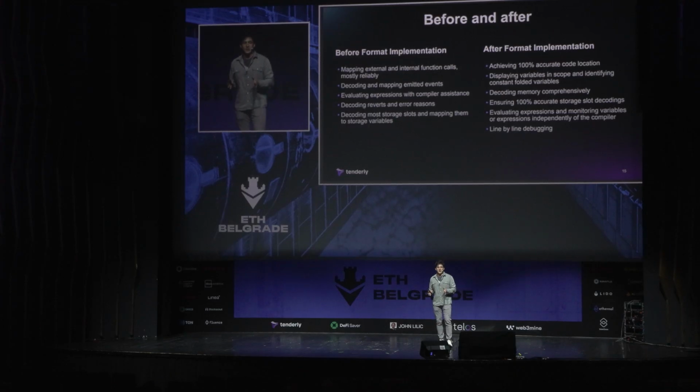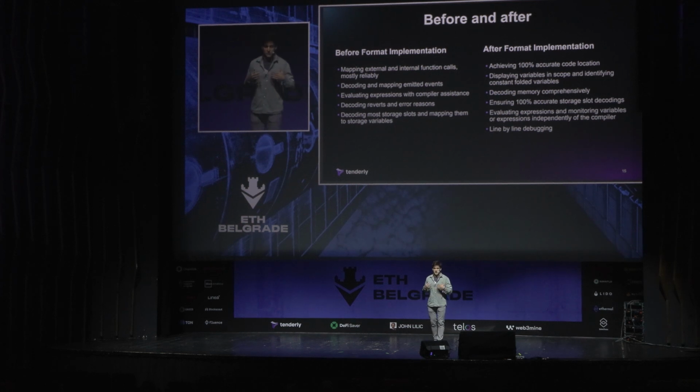Now, to summarize everything, we believe that this is going to be a great initiative that's going to enable so much. To summarize everything that is going to be enabled from the debugging standpoint, we're going to achieve 100% accuracy in the code locations, meaning that we'll be more certain when we showcase where we are in your source code.